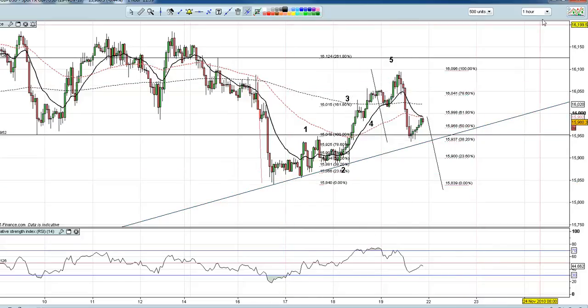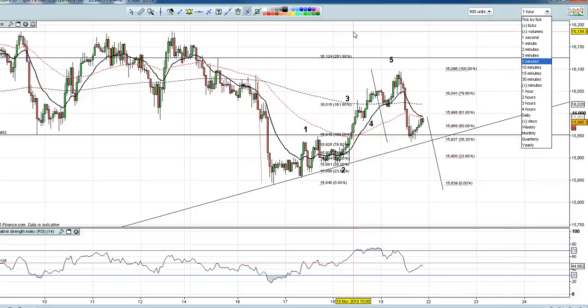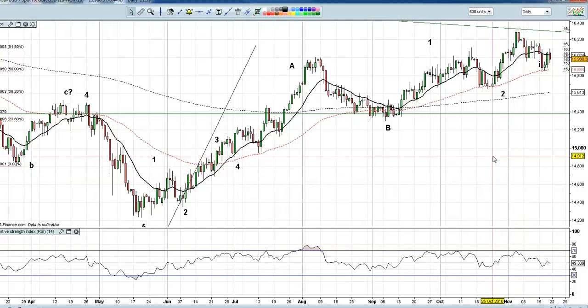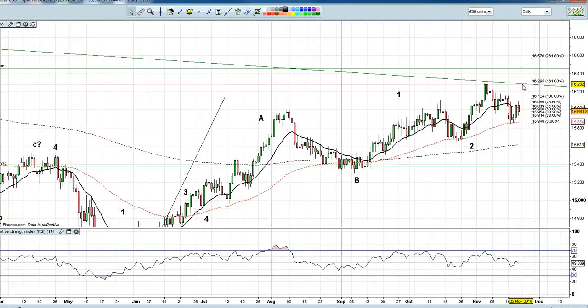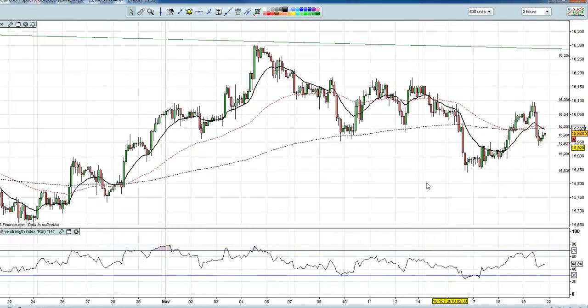Okay, the first level that I'm going to be looking for going into next week is here, 161.84, and then another attack on this weekly trend line. Okay, 162.78. If we can break that, let's go back to our hourly chart.